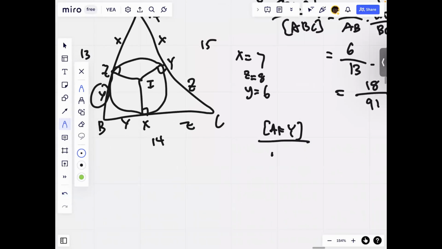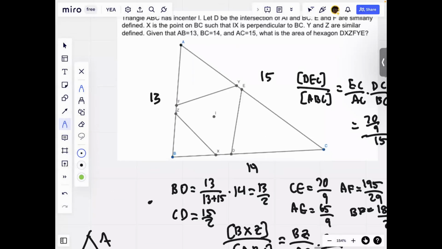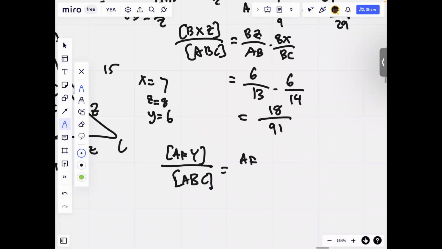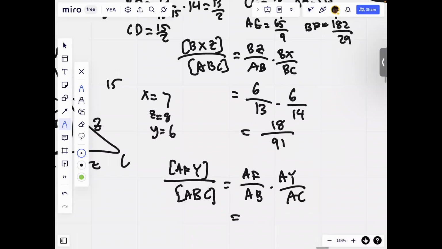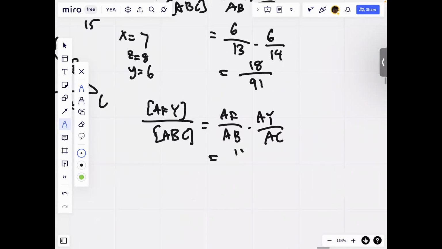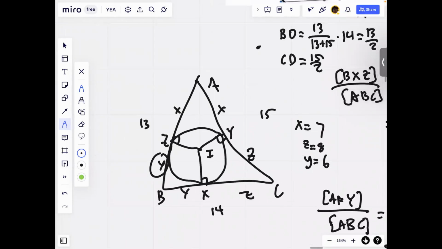So now we have our last triangle, AFY. AFY over ABC is just equal to AF over AB times AY over AC. So AF, here we got 195 over 29. AB is 13.